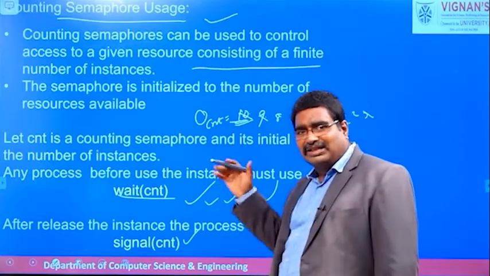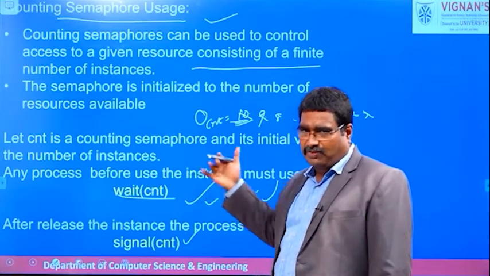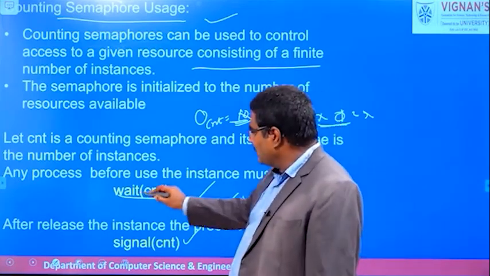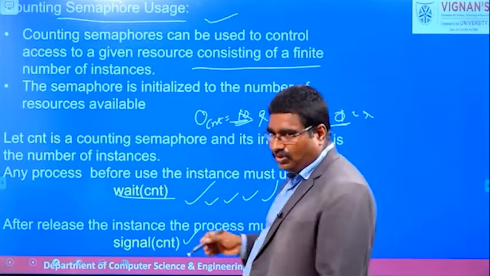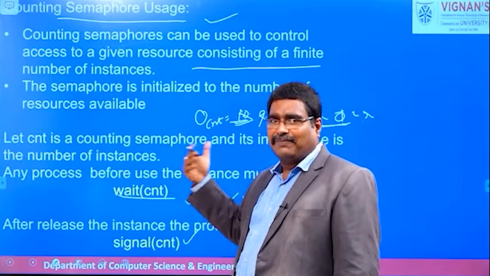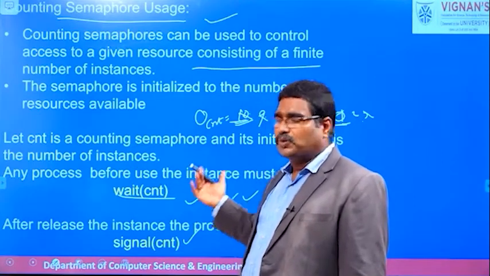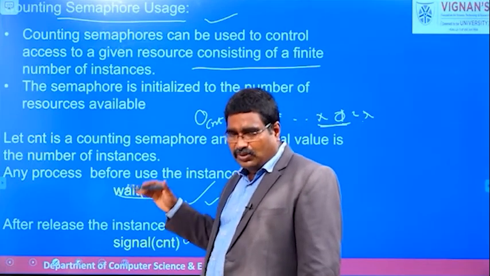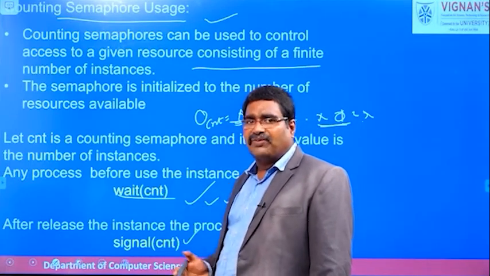For example, all 10 instances are allocated to different processes. If a process requests one more printer, it simply calls the wait function. If the count is equal to 0, this process must wait until some process releases a printer. Then only is it possible to allocate the printer. In that way, the operating system uses counting semaphores to allocate resources to different processes.